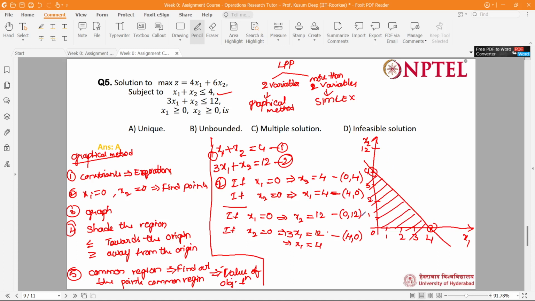And taking another point, x1 0 and x2 12, here it is, and x1 4, x2 0, the same point, so make a line combining these.